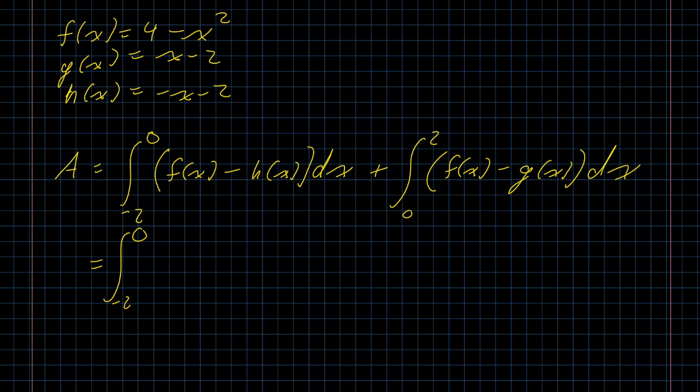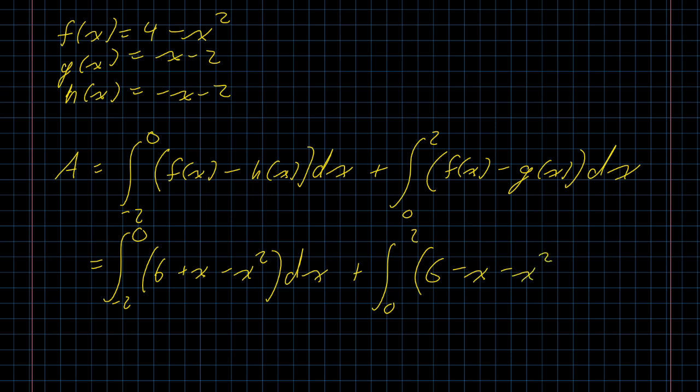But we have 4 minus -2, that's 6. We have minus negative x, that's plus x, and we have minus x squared. So that's 6 plus x minus x squared. For the second integral, we have f of x minus g of x. So 4 minus -2 is still 6. We now have minus x, and we have minus x squared.